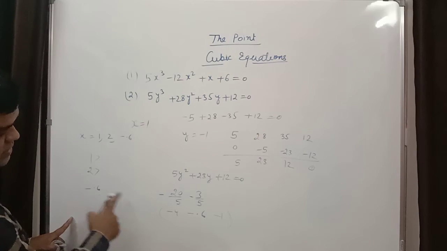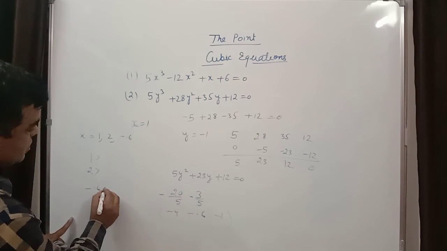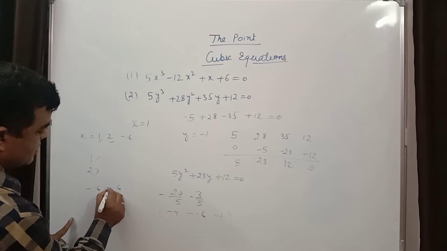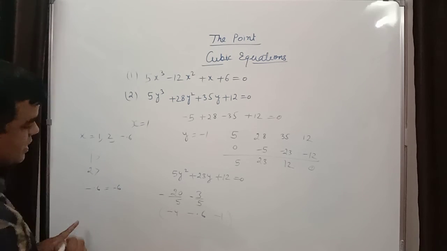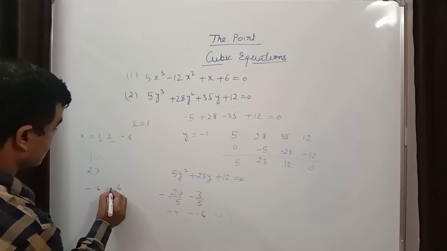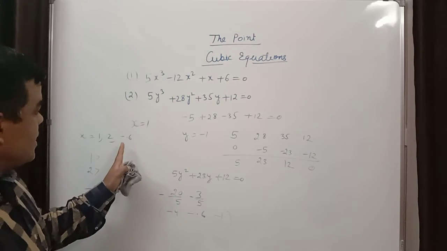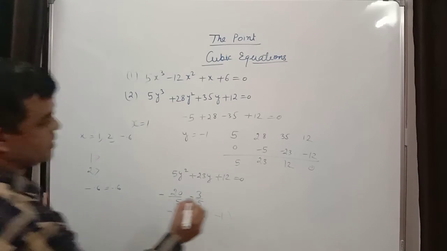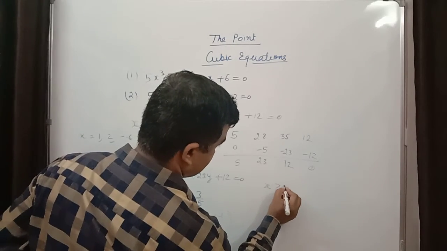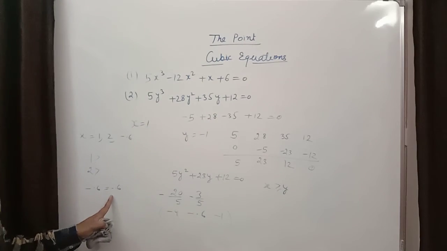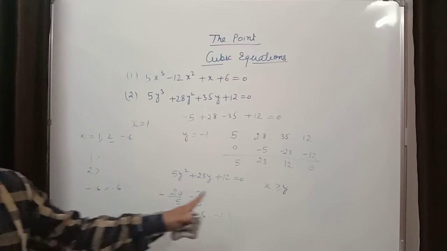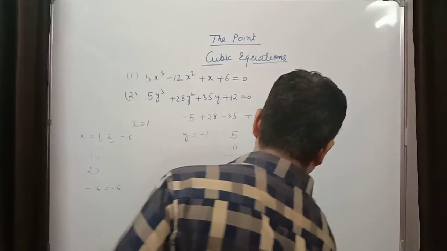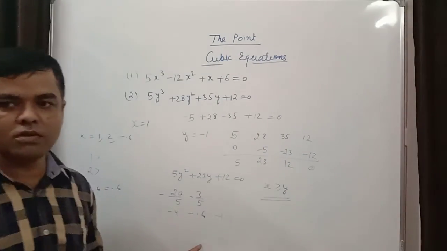So minus 0.6 is equal to this minus 0.6, and greater than this minus 1. So here the answer will be x is greater than or equal to, because in one comparison it has become equal too. So the answer is x is greater than or equal to y.